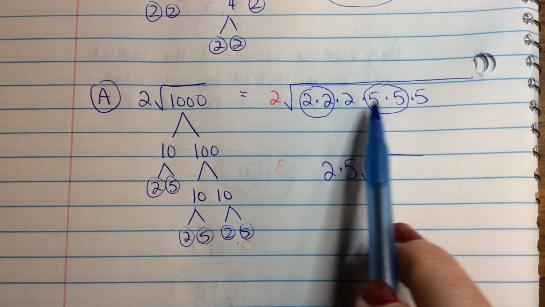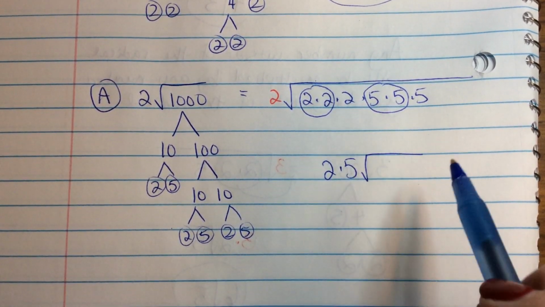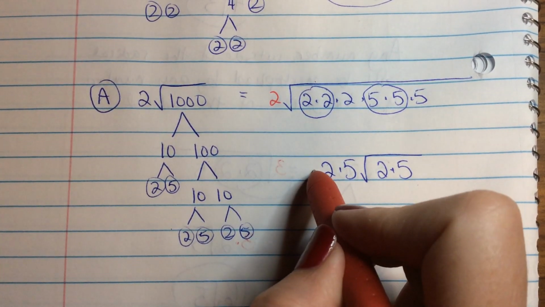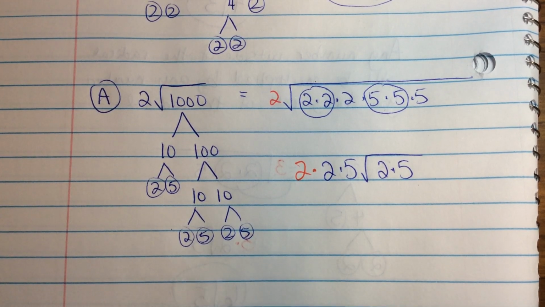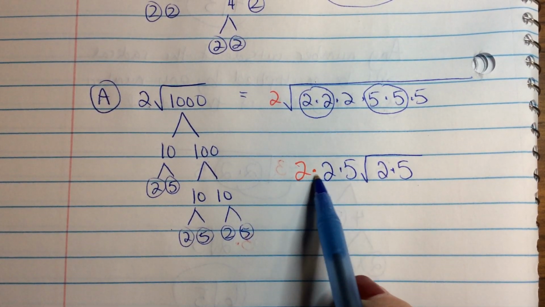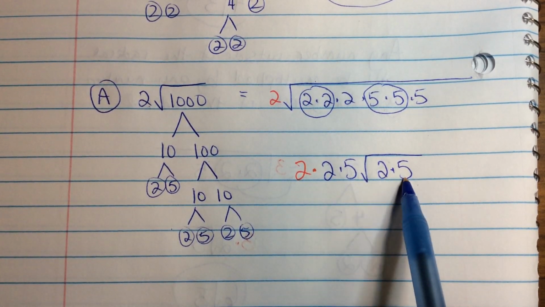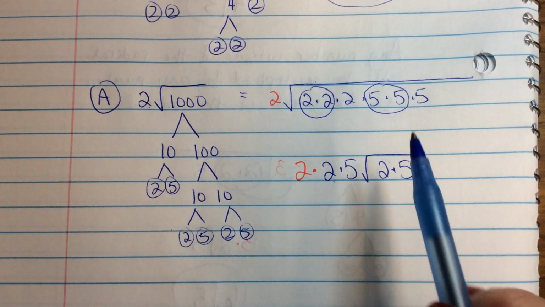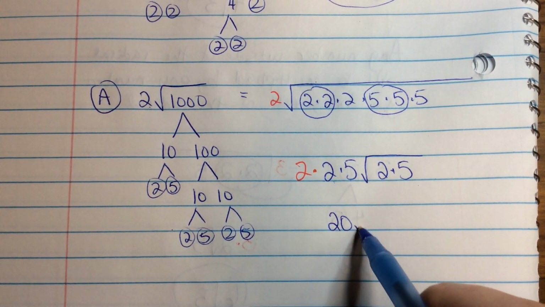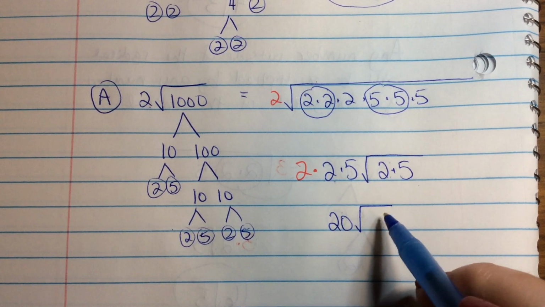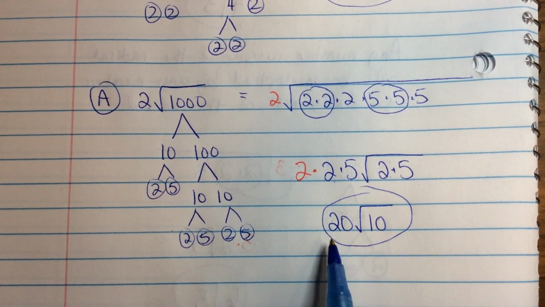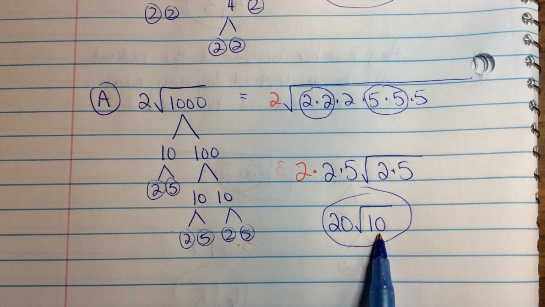And then we also have a 2 and a 5 underneath the radical that need to stay. And then we have the 2 from the original 2. So I've got to multiply all of these, and then I have to multiply these. Well, 2 times 2 is 4, times 5 is 20. And then 2 times 5 is 10. Final answer, 20 square roots of 10.